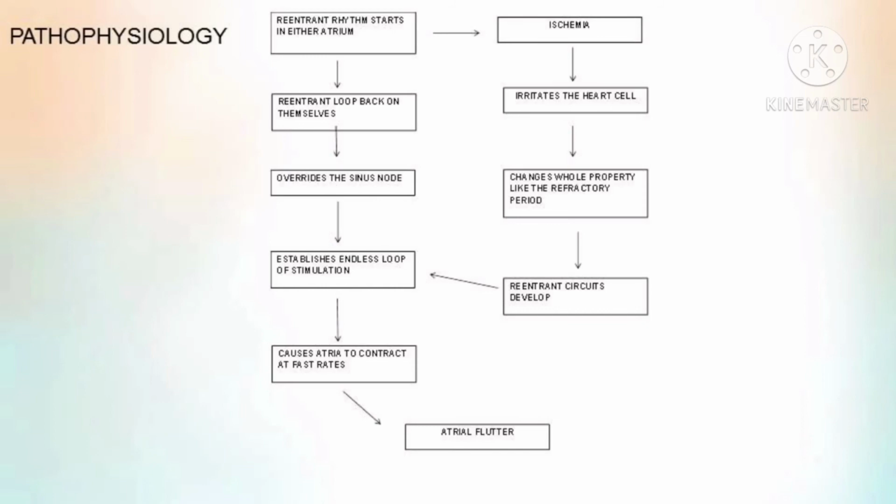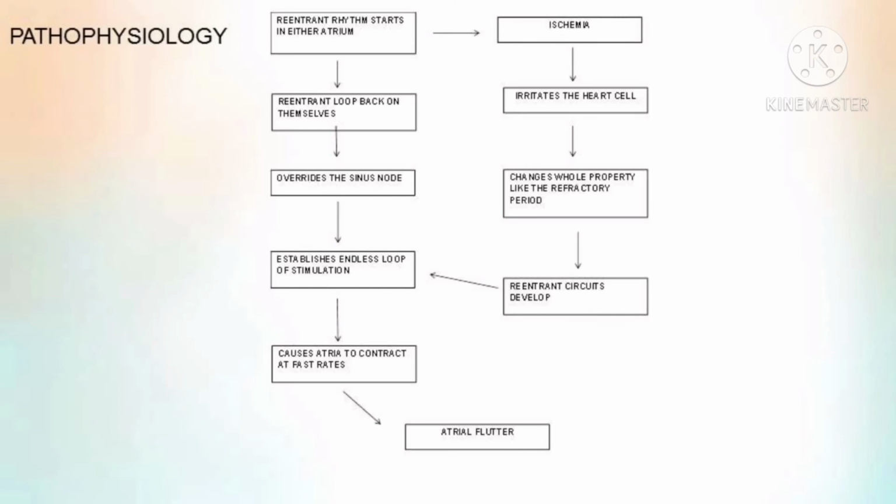With atrial flutter, a reentrant rhythm starts in either the right or left atrium. Reentrant signals loop back on themselves, overriding the sinus node and setting up an endless cycle that causes the atria to contract again and again at really fast rates.